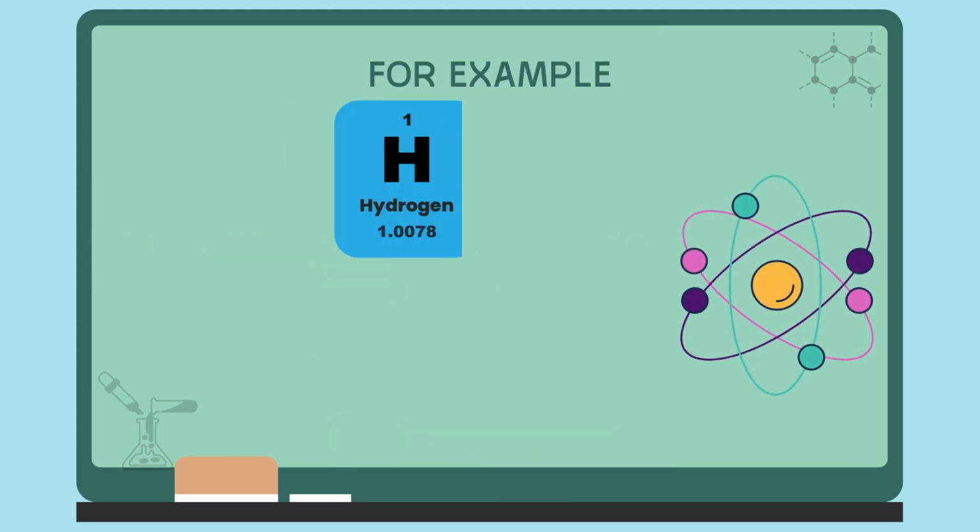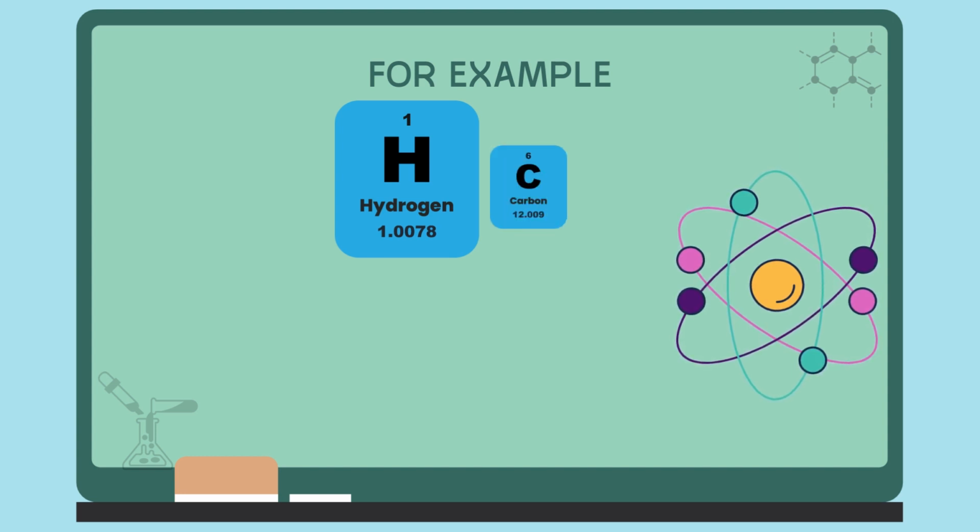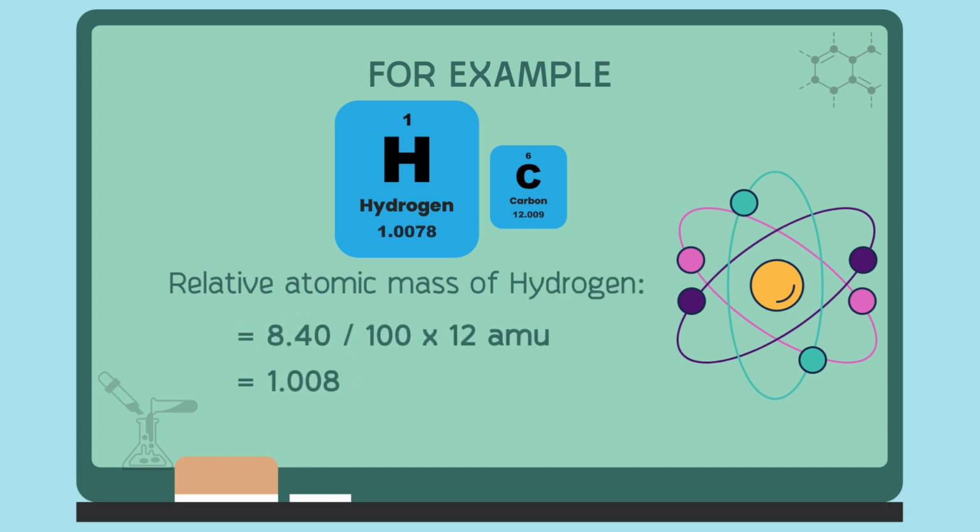For example, a hydrogen atom is 8.4% as massive as the standard carbon-12 atom. Therefore, the relative atomic mass of hydrogen is shown by 8.4% of 12 AMU, leading to the answer 1.008, which is then rounded off to 1 in the periodic table.